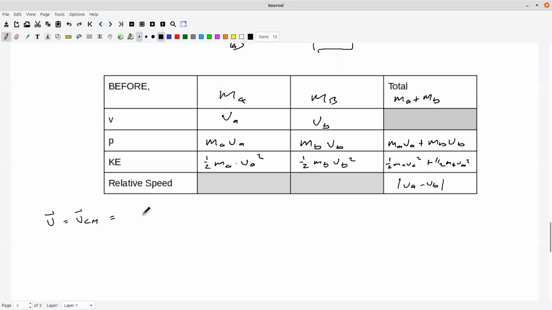So this V is P total divided by M total, which is MA VA plus MB VB divided by MA plus MB. That's what V is. Again, it's kind of an ugly algebraic expression that's not simplifiable because everything in there is an unknown and they're all different from each other. But that's what it is.